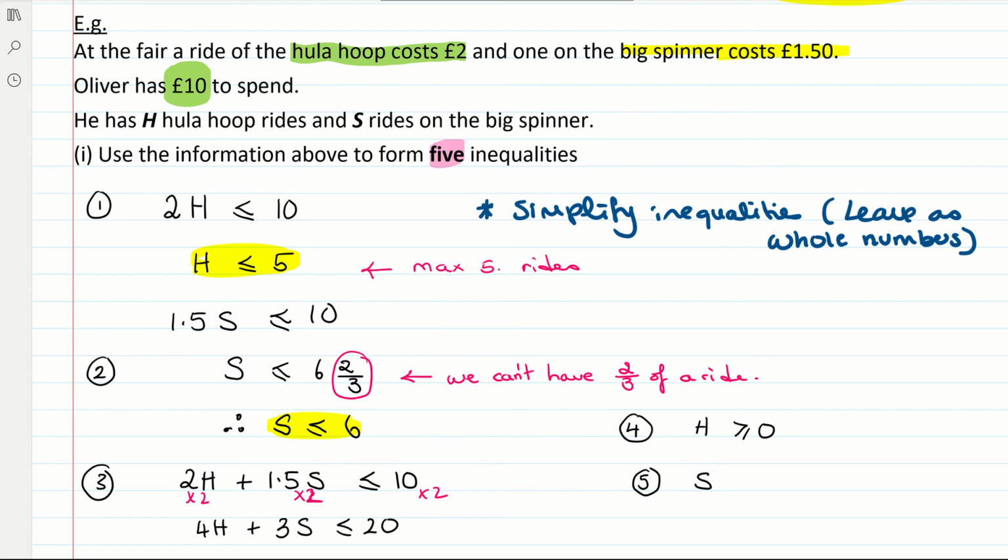And the same with the spinner, it must be bigger than or equal to 0. So we are assuming that he is going to go on both at least. That's kind of a minimum expectation. Although we've also accounted for what it would be if he spends all his money on one, we are assuming that he is going on these rides.